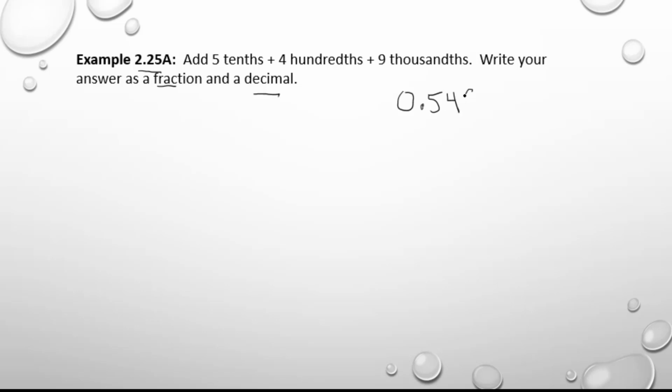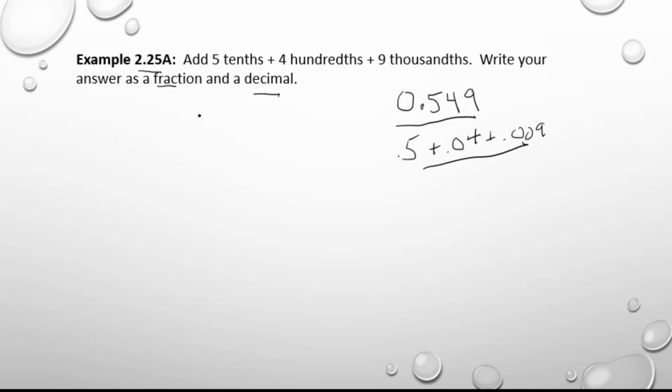And I have 9 in the thousandths place. So there's the decimal of this number. Remember, these are compiled the same way. So this is 5/10 plus 4 hundredths plus 9 thousandths. And that's sort of the expanded form of it, but that's what it means.